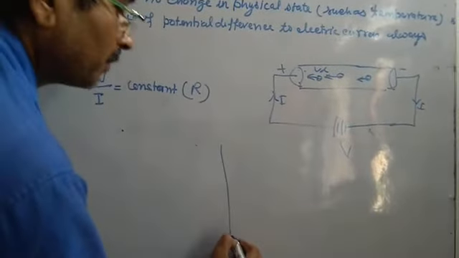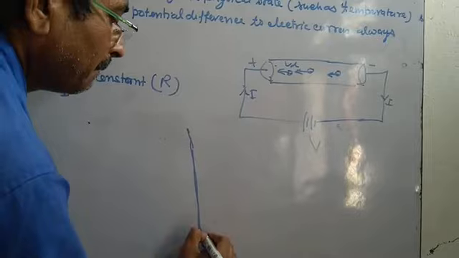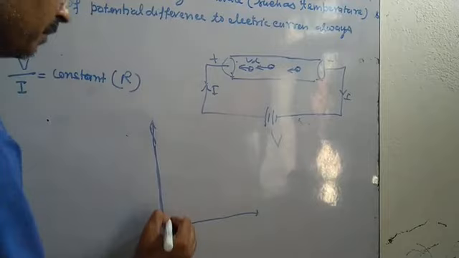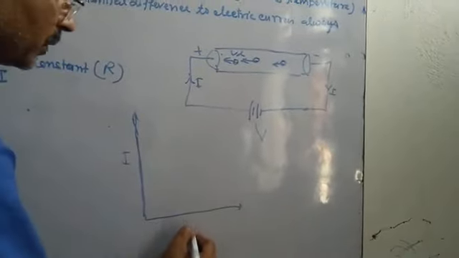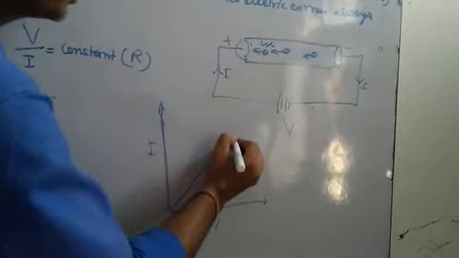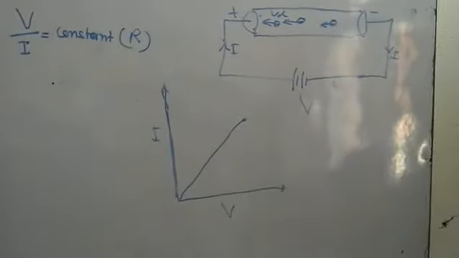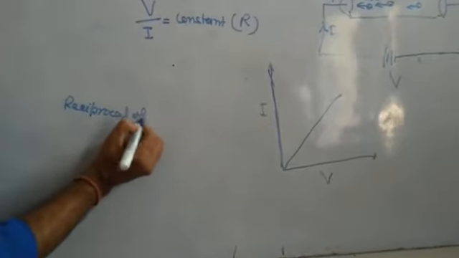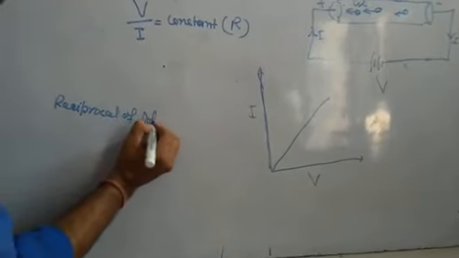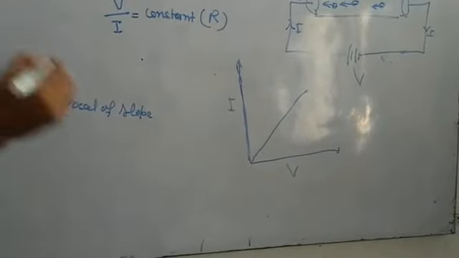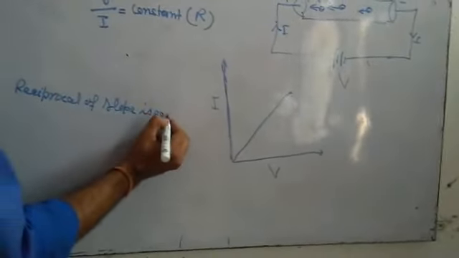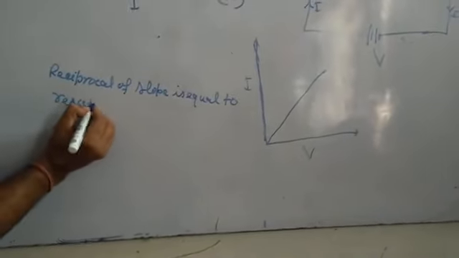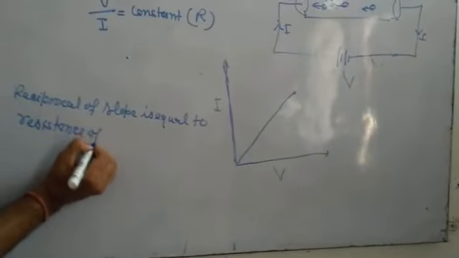Therefore, the graph between I and V passes through the origin. The reciprocal of the slope is equal to the resistance of the conductor.